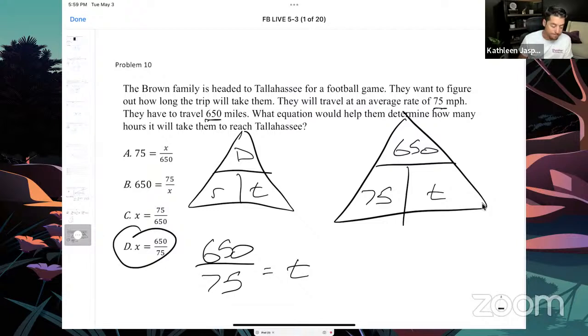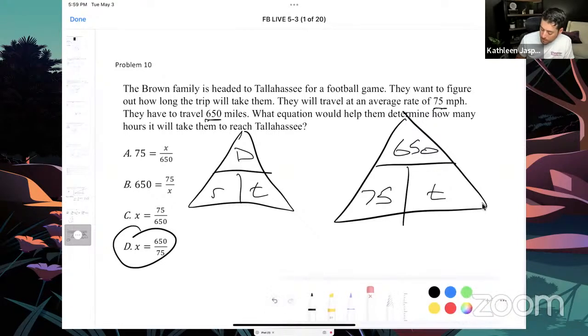And it works all ways. So I know we're not doing it, but let me just solve it just because I want to put a value there. 650 divided by 75.